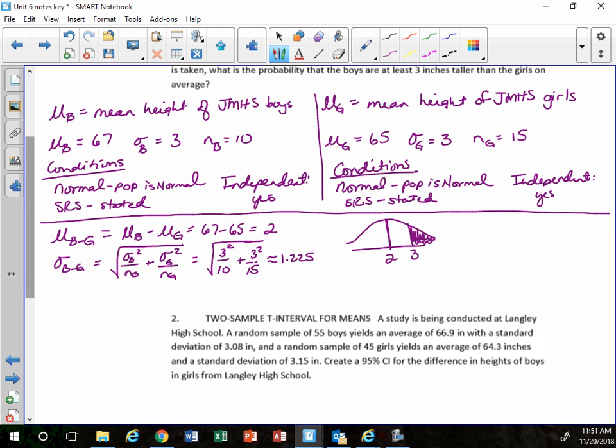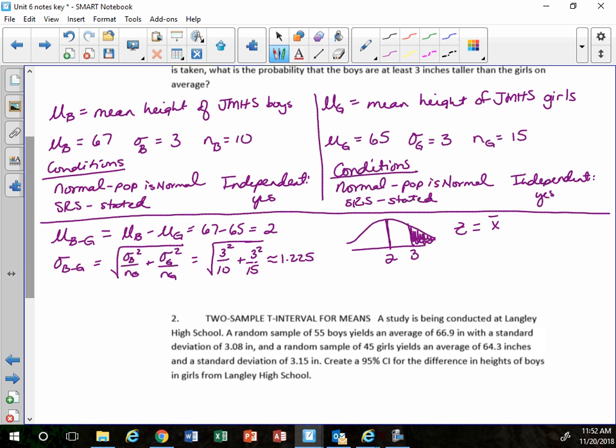So let's find our z-score for 3. How am I going to do that? Well, let's find z first, and then we'll do norm CDF once we have z. Okay? You could do it from here. Showing that you know how to find z is not a bad thing. The z is going to be on your formula sheet, which is nice.